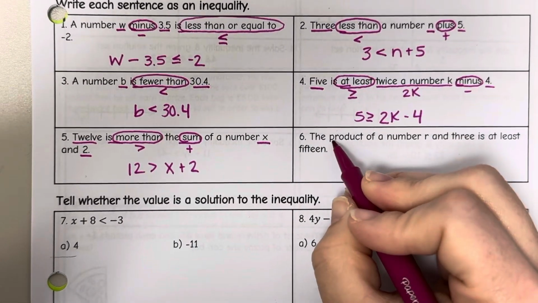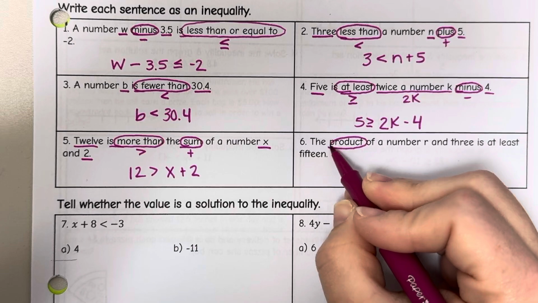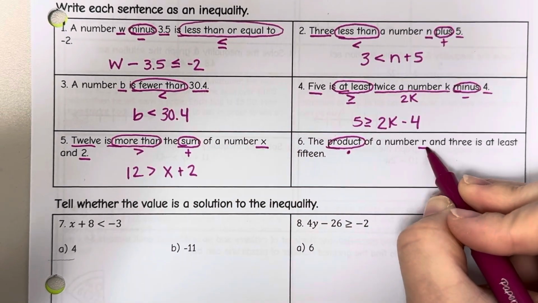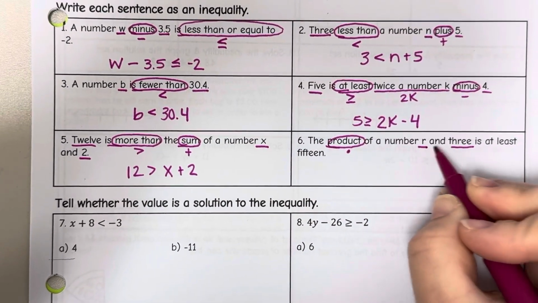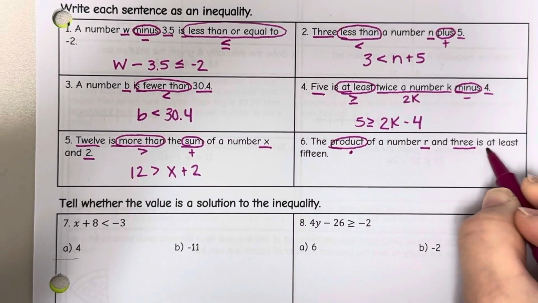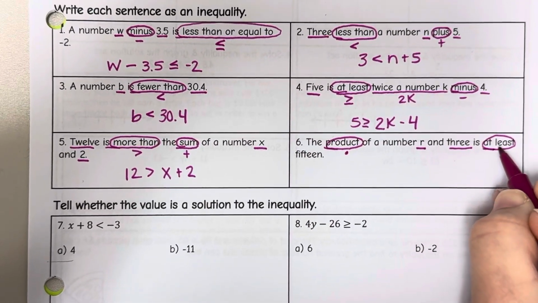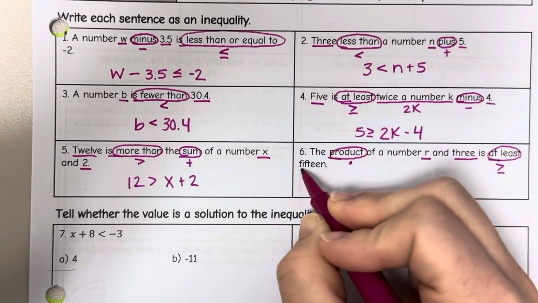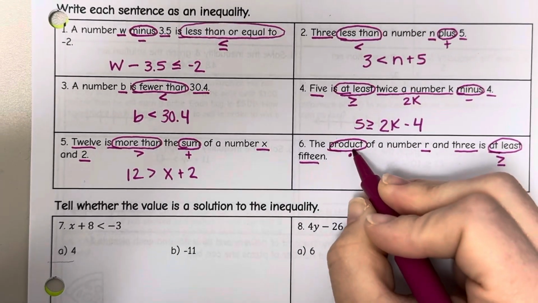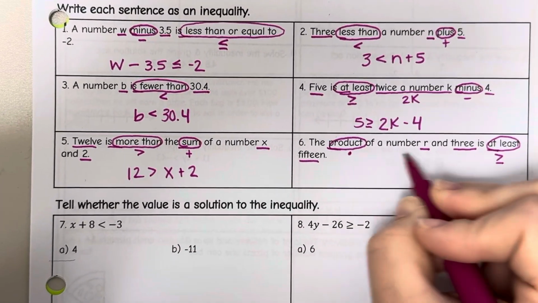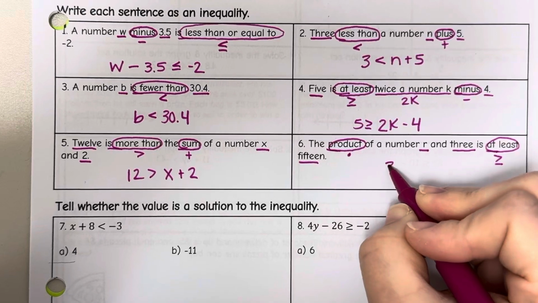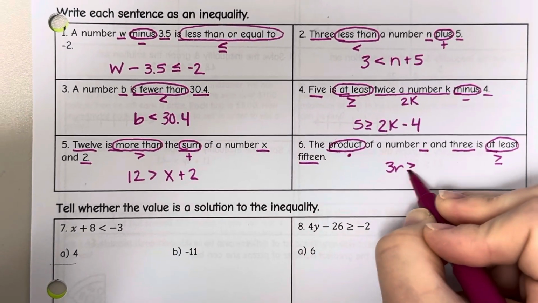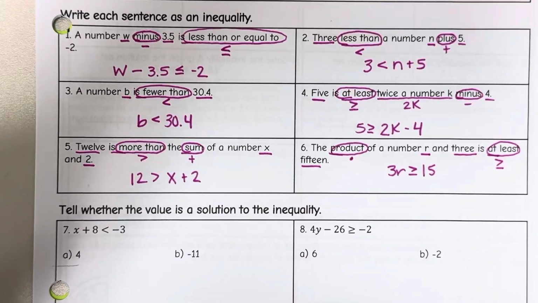Number 6, the product means multiply, product of a number r and 3, so multiplying these two together is at least, that's a keyword up top that means greater than or equal to 15. So the product of r and 3, so 3r is at least 15.